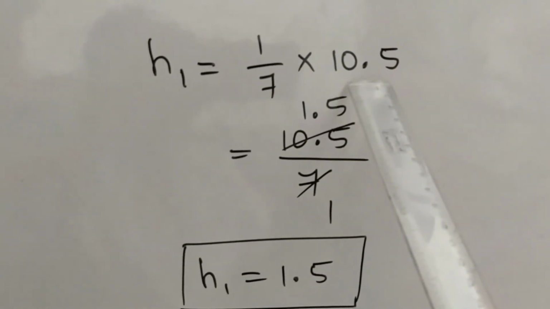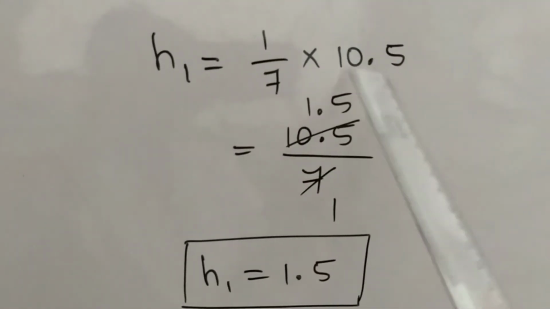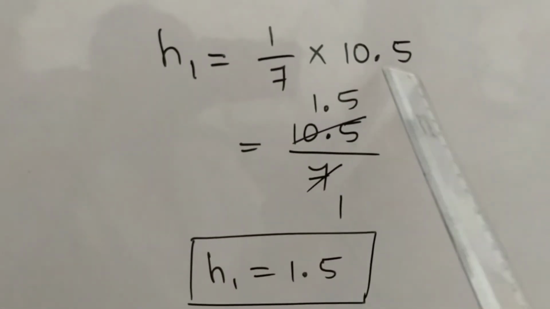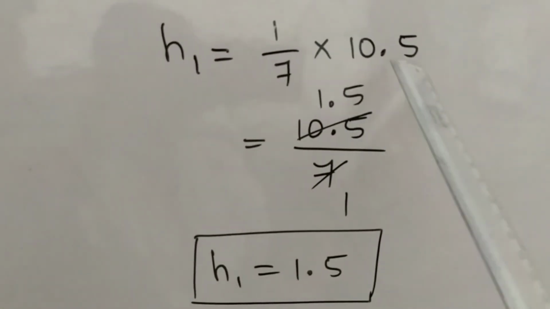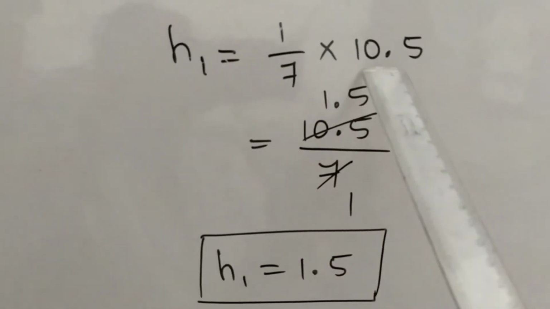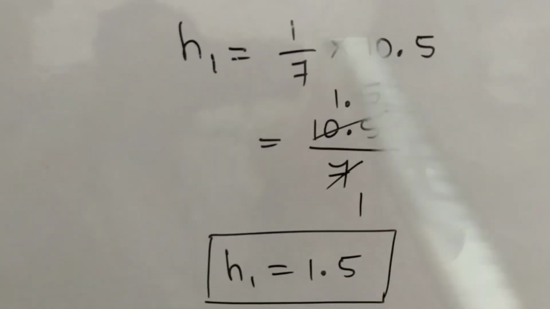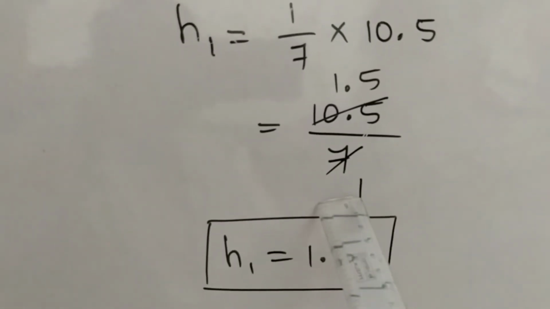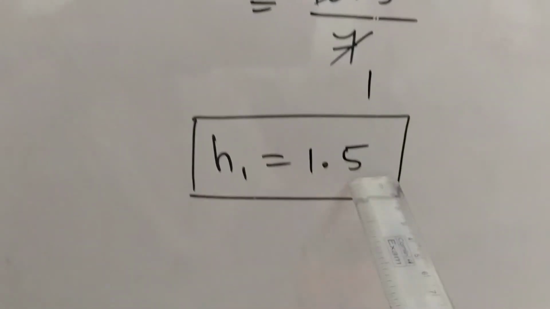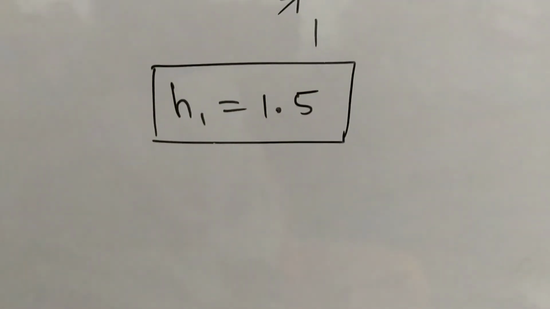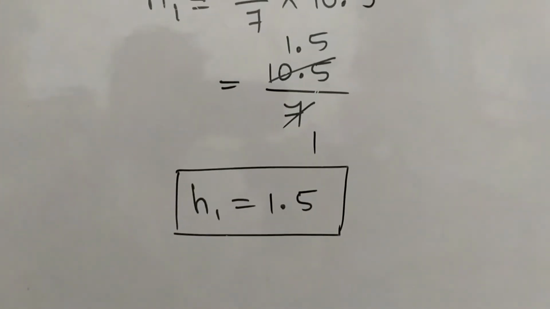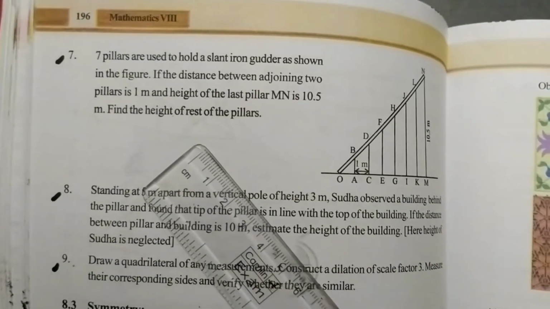If we cancel it, 7 ones are 7 and 7 1.5s are 10.5. So the height H1 is 1.5, students. This is the height of the first pillar. The remaining you have to do as 2/7 into 10.5, 3/7 into 10.5 respectively.